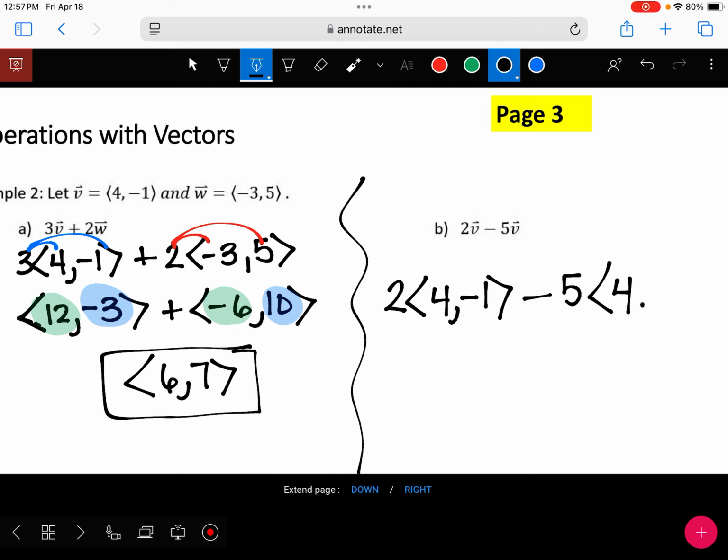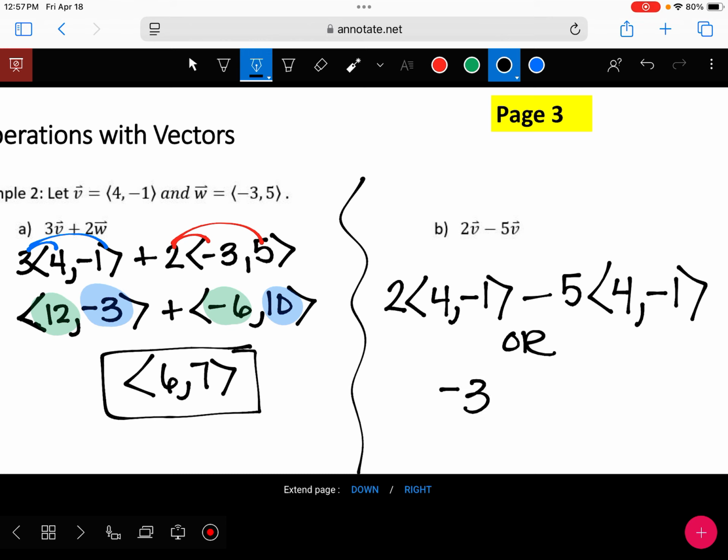So let's look at this a little closer though. There's nothing wrong with doing it this way, but because we have the same vector, could we have combined those like terms? Yeah, so we could do it this way, or we can combine that, because what if I asked you what 2v minus 5v was, what would you say? What's 2v minus 5v? -3.